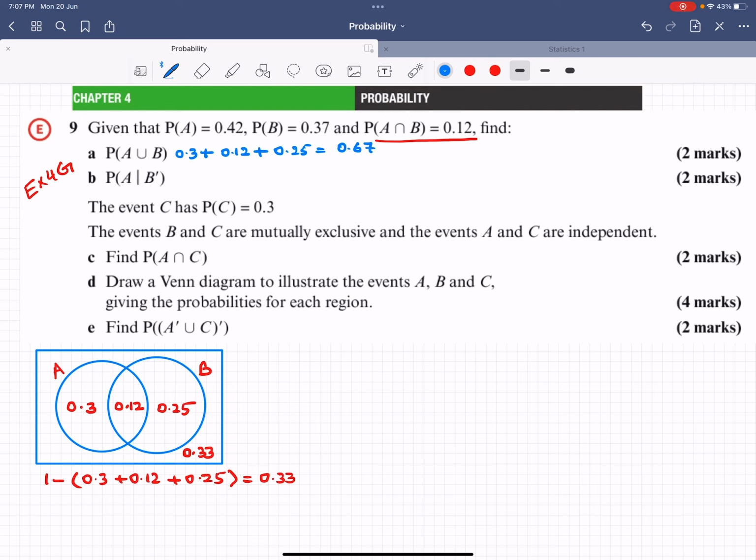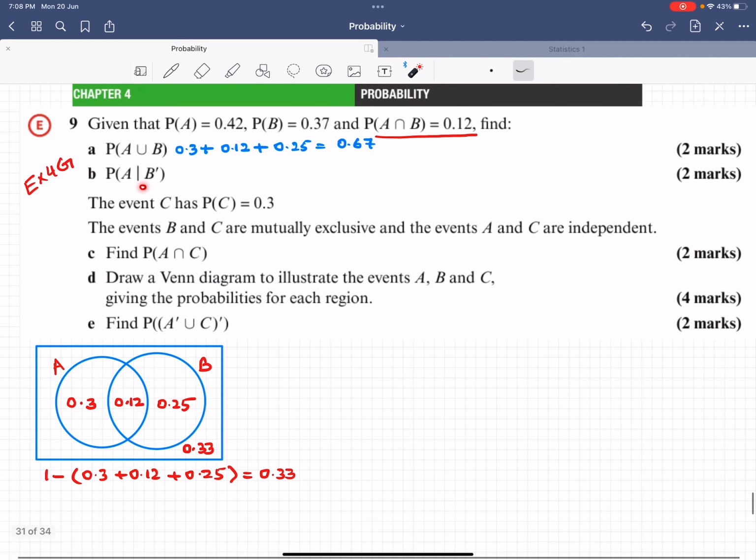Question B, find the probability of A given B complement. Now this is a question that is related to conditional probability. So in conditional probability, our domain is reduced to this B complement, which means we have to take the probability from B complement.